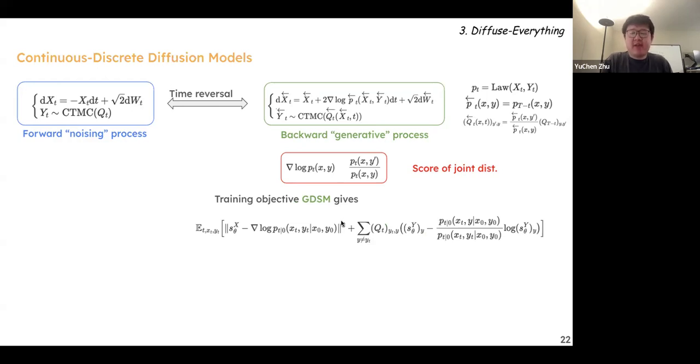So as we're saying, now we need to learn the score of the joint distribution, which has two components. We need the usual gradient log with respect to X for the joint distribution, as well as this probability ratio at different positions Y for the discrete score.